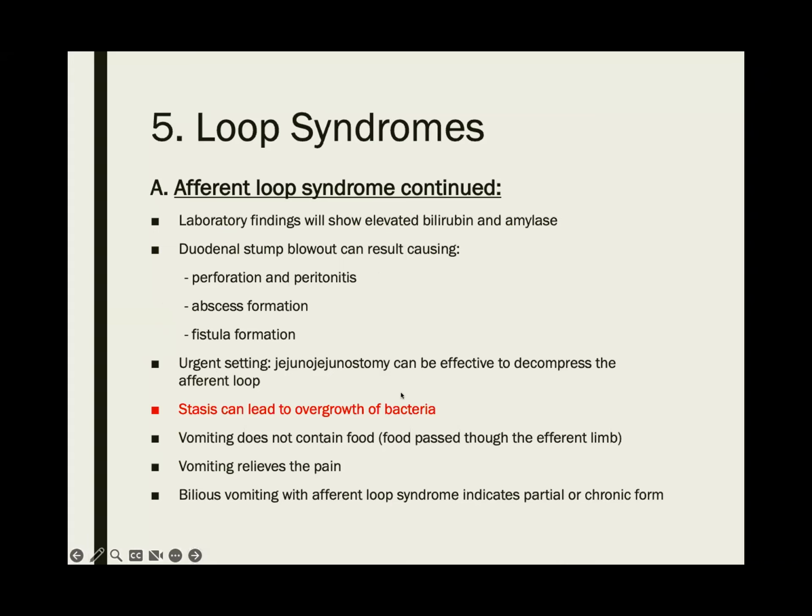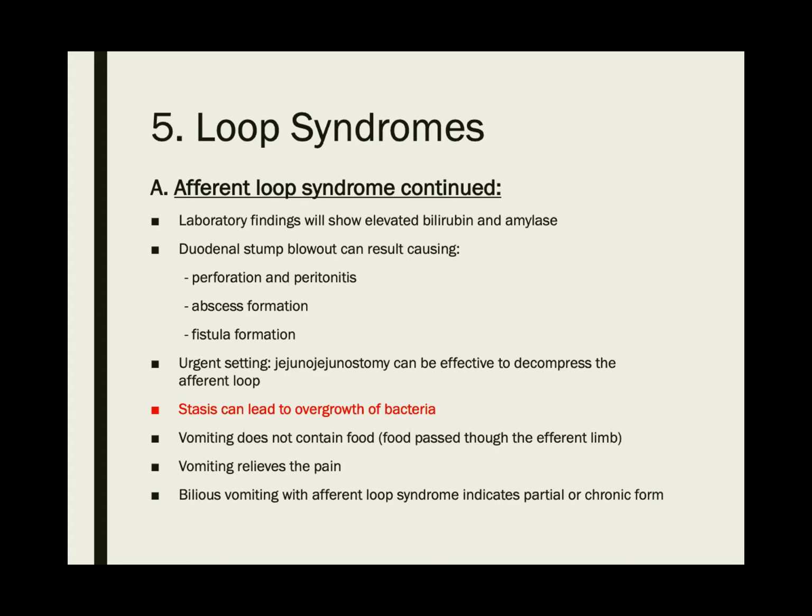And in the urgent setting, they tell you that the jejunal anastomosis has to be decompressed. Also, this is not very important. Is it correct that malabsorption can cause blind loop? Yes, the blind loop is the overgrowth of bacteria.